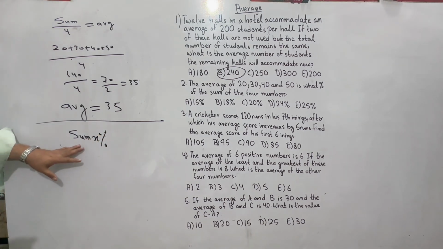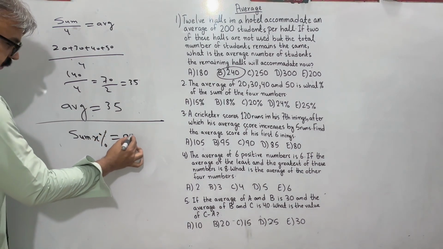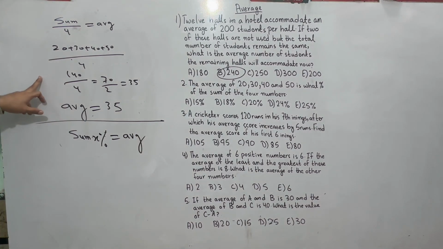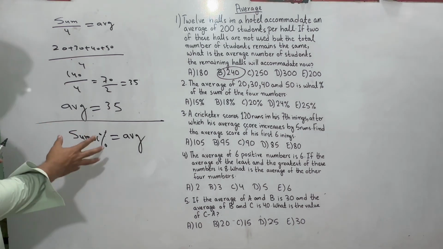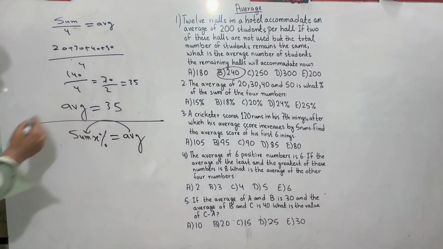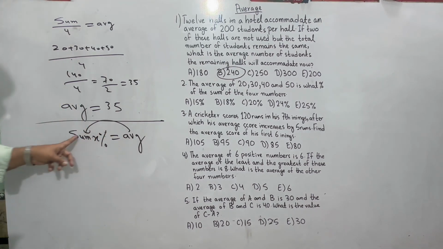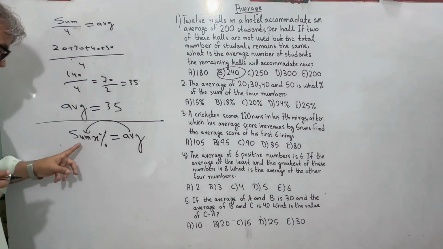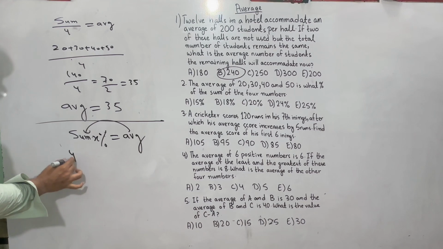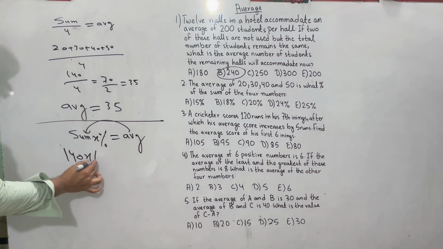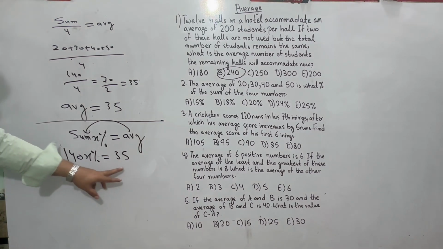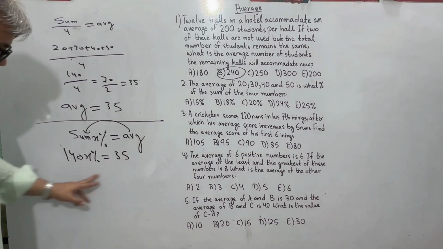Suppose x percent of the sum of the numbers is equal to the average. What percent of 140 is equal to 35?